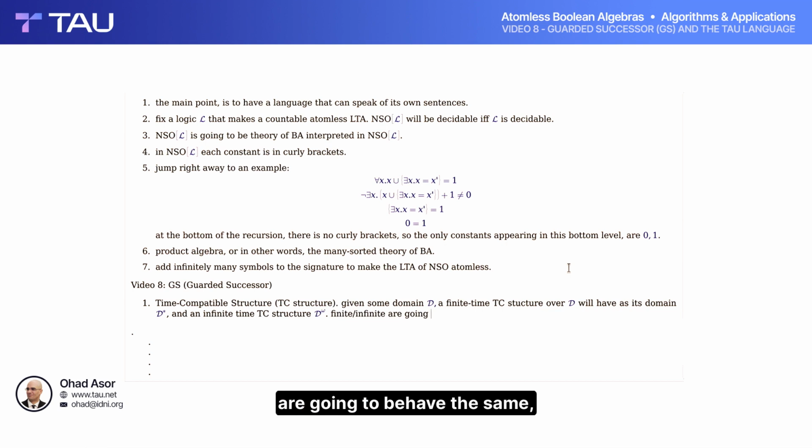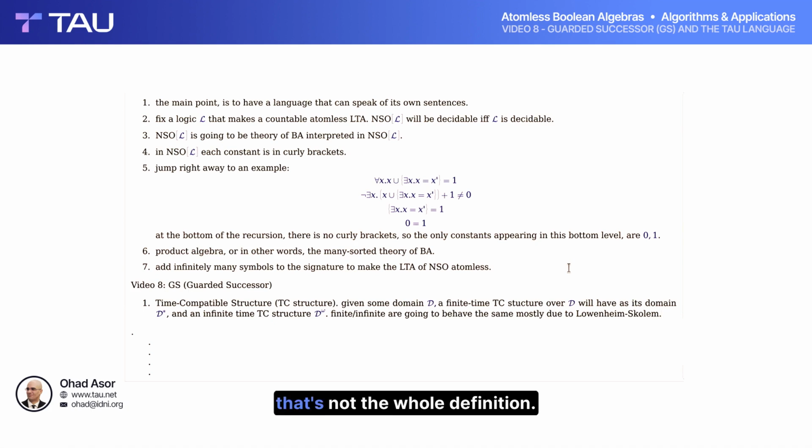They are going to behave the same, mostly due to Löwenheim-Skolem, as long as, of course, you are in the realm of first-order logic, which we will mostly be in indeed.